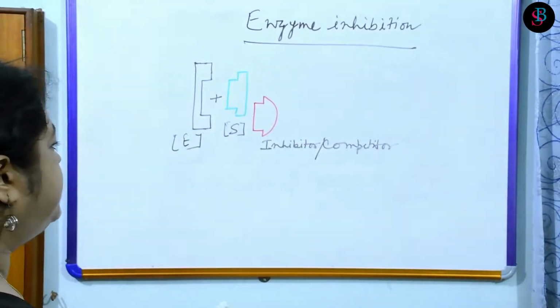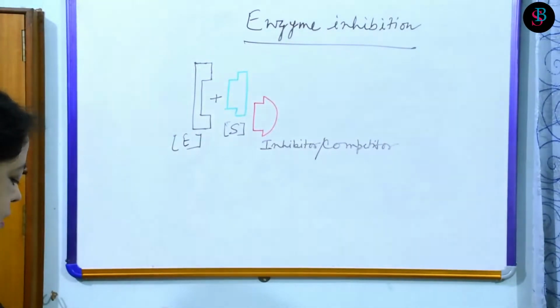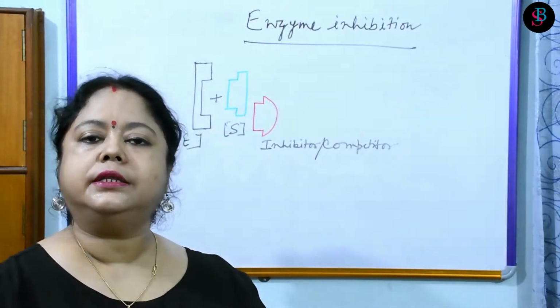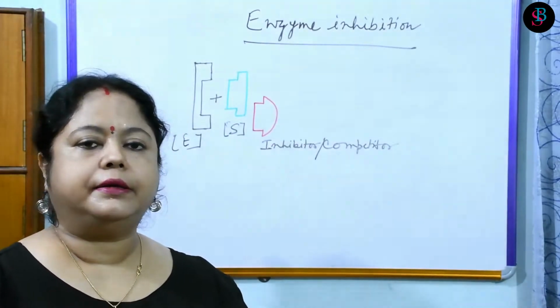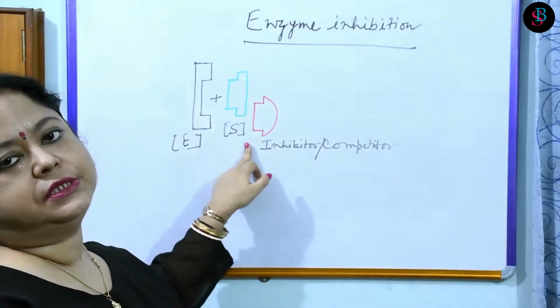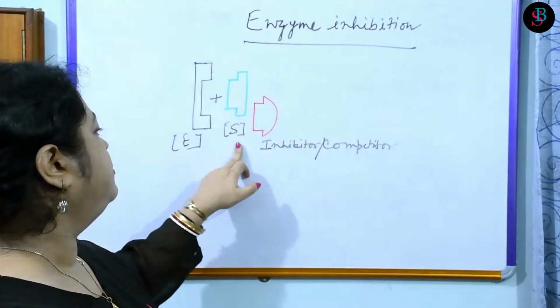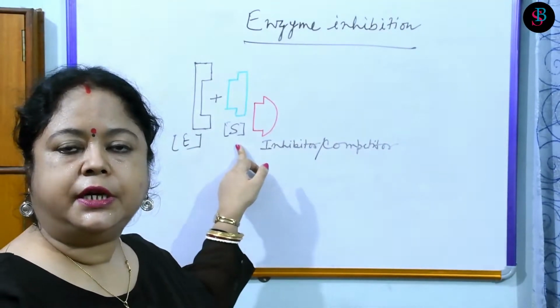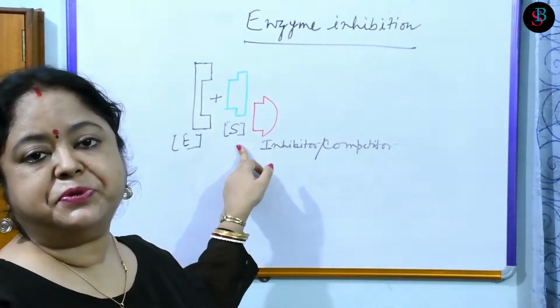Now the inhibitor or competitor can occupy the active site of the enzyme like the substrate, as their structure is almost similar to the substrate, and the enzyme will not recognize properly which one is the substrate and which one is the competitor.